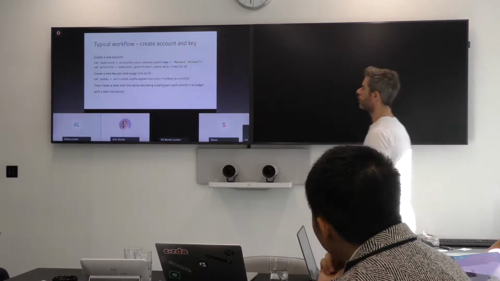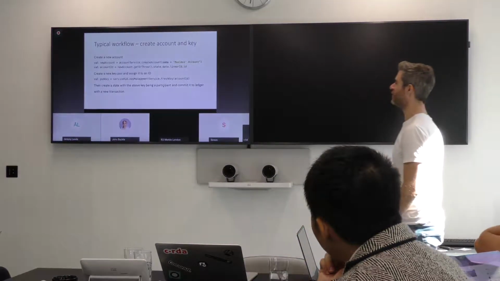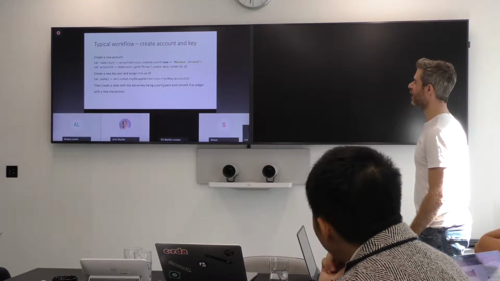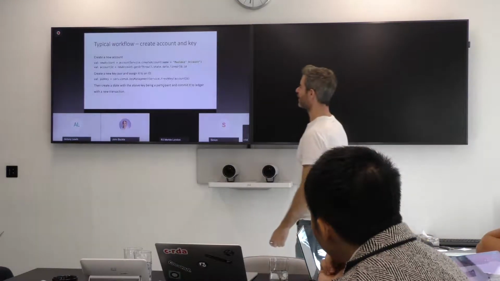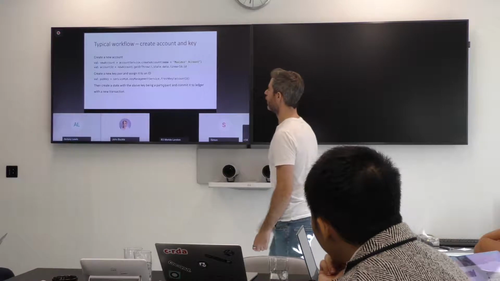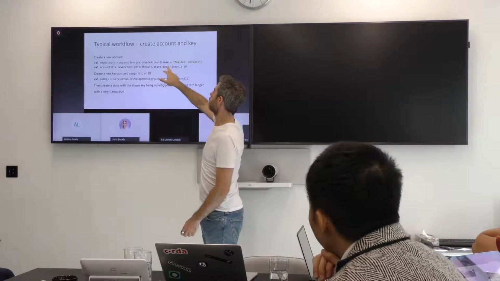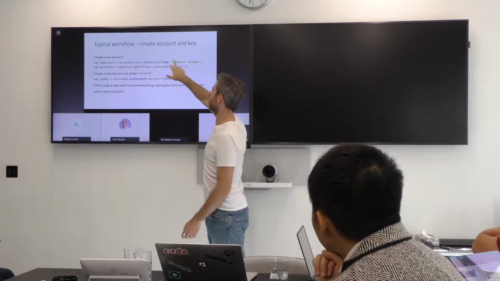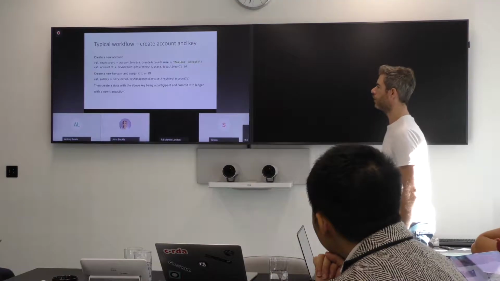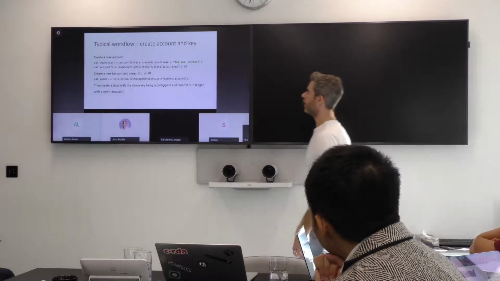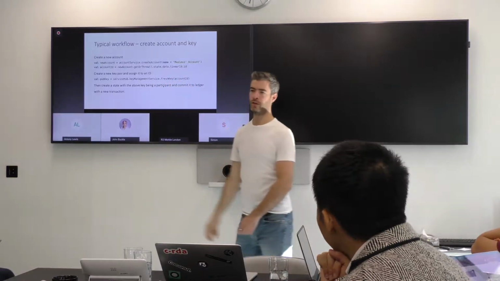Create a new account. Here we have an account for Maximus. Once Maximus has an account, you can get the account ID of that. This actually returns a future, so I get the future, get the account ID from the account info, and then I create a new key and assign it to the account ID.